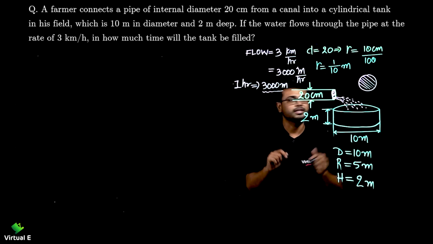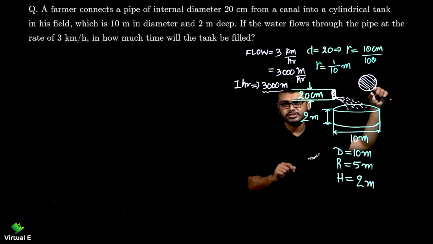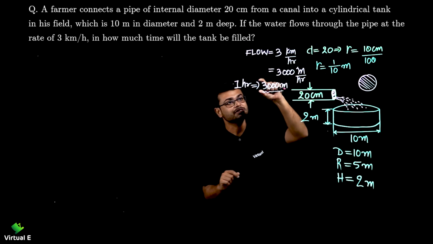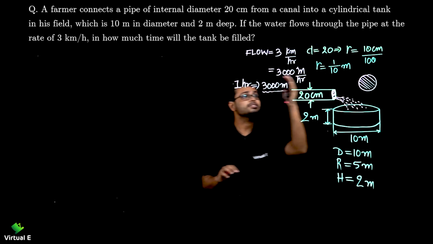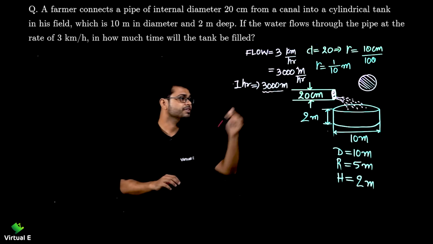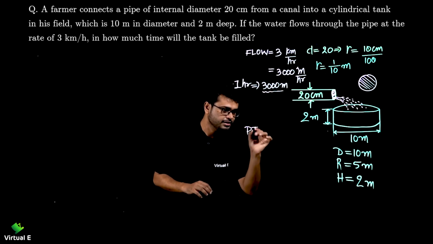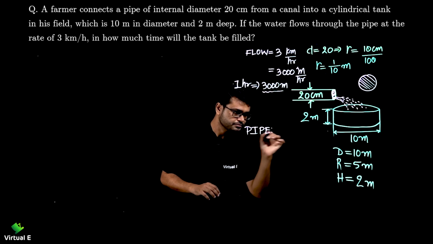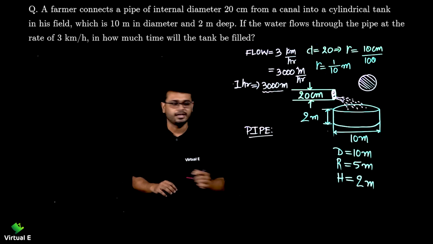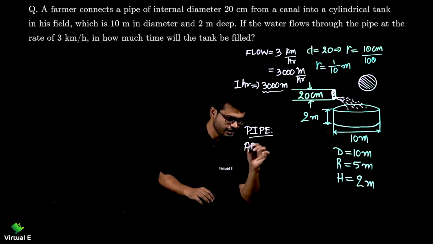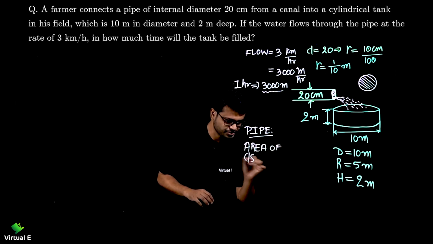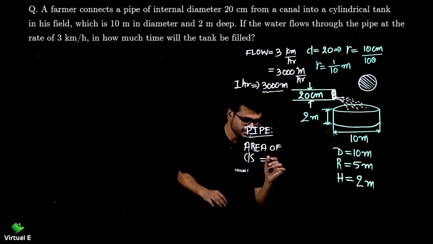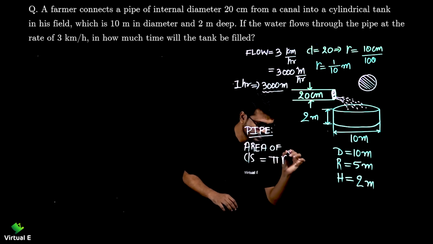That's why I have written it. So area of this cross section multiplied by the distance, that is 3000 meters. I hope you are getting it. Let's start with the first calculation, with the pipe. Let's give the title, pipe. Let's start with the area of cross section, that is pi r square.